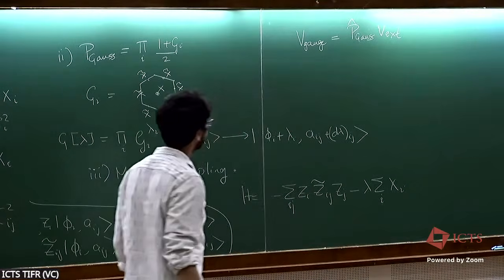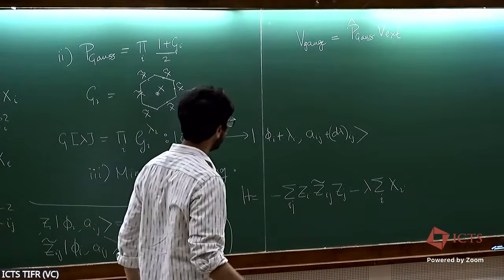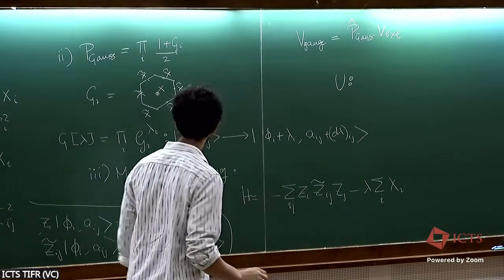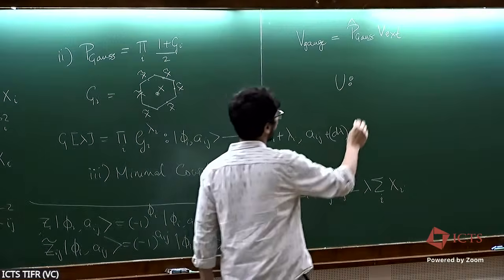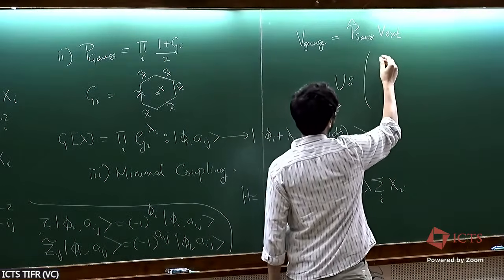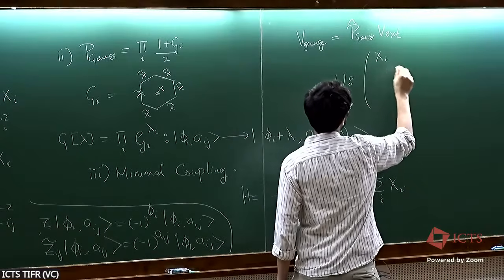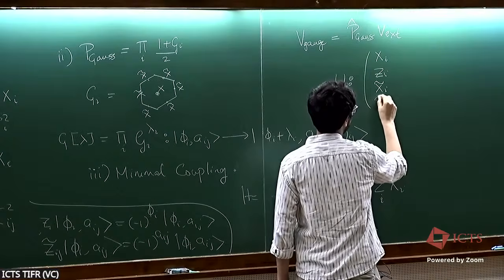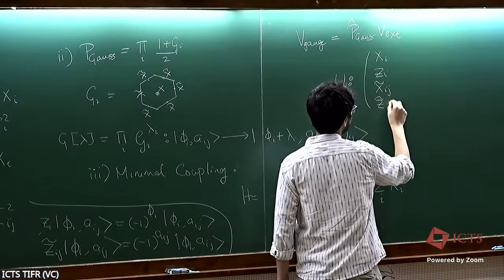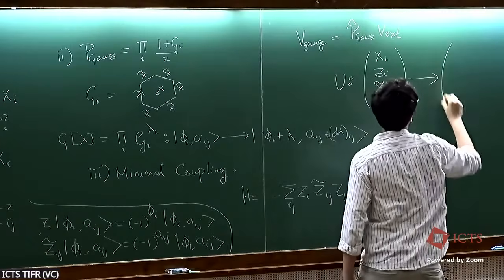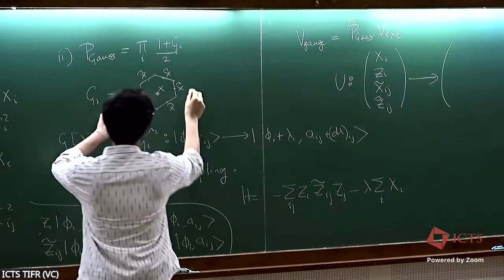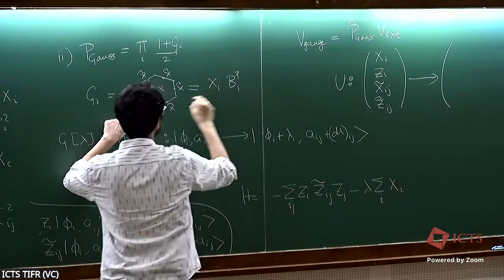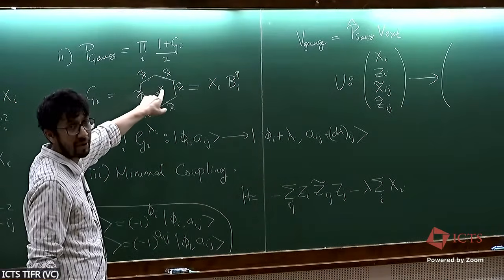So we want to solve this Gauss constraint. And one way to do that is there's a unitary operator, which I'm not going to write down. It's an easy exercise to work out what it is. But the way it acts on operators is it sends Xi, Zi, X tilde ij, Z tilde ij to... let me define this operator as Xi, and Bi, the usual plaquette operator of the toric code.